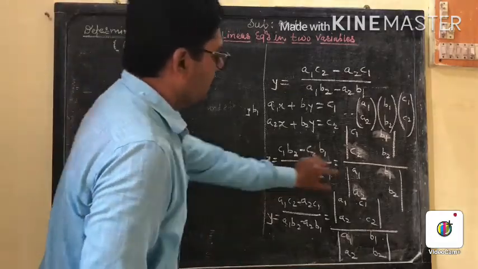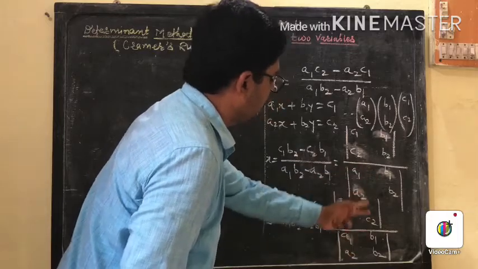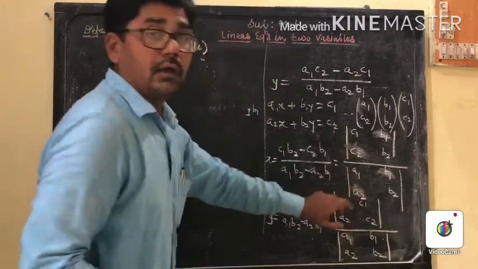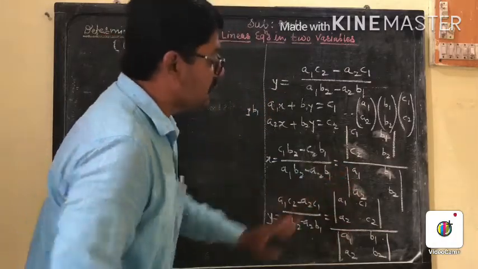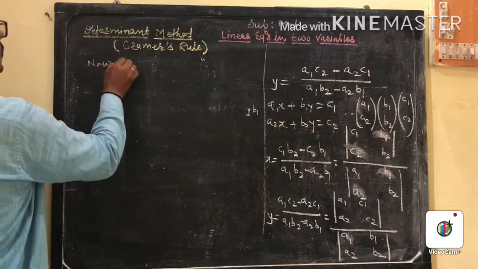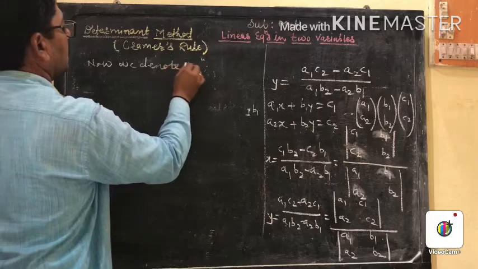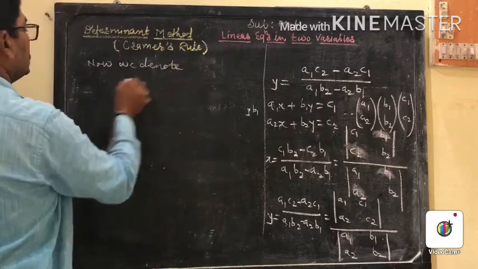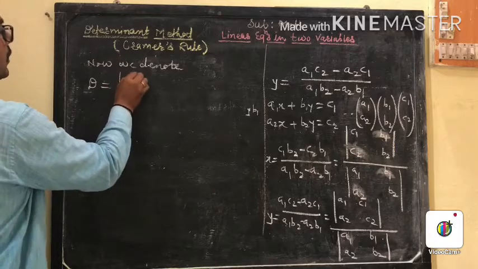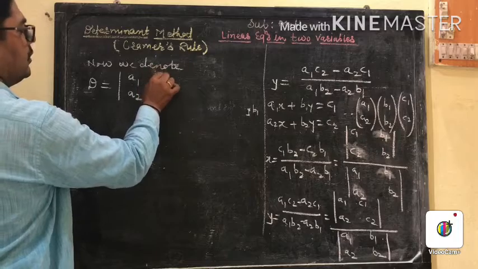The determinant in the denominator, which is the same for both x and y, we name D. D is the determinant a1 a2, b1 b2.